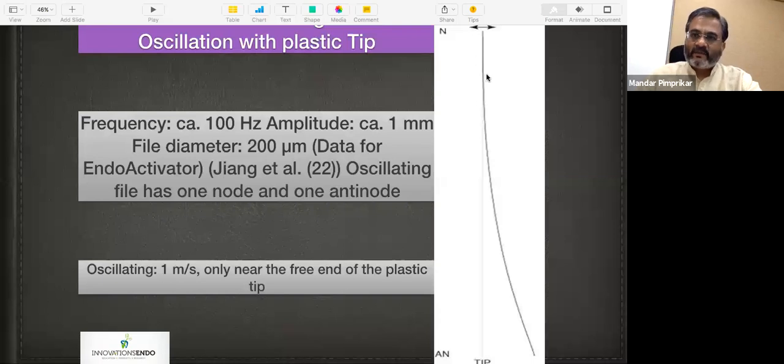It has one node and one antinode and an amplitude of about 1 millimeter. When this tip vibrates in a confined canal, it is amplitude based. We should understand the difference between amplitude and frequency. Amplitude is what you can visually see as movement. Frequency you cannot. Frequency is acoustic streaming.